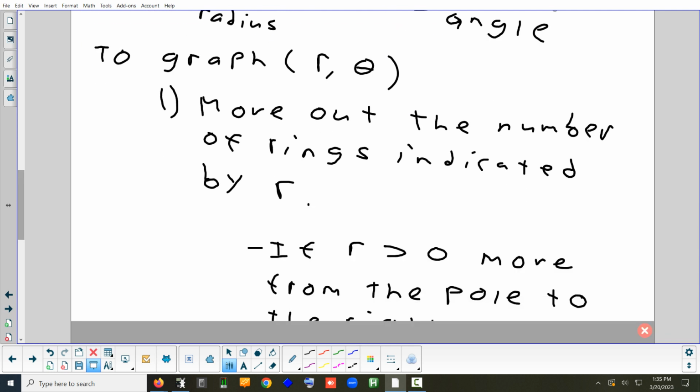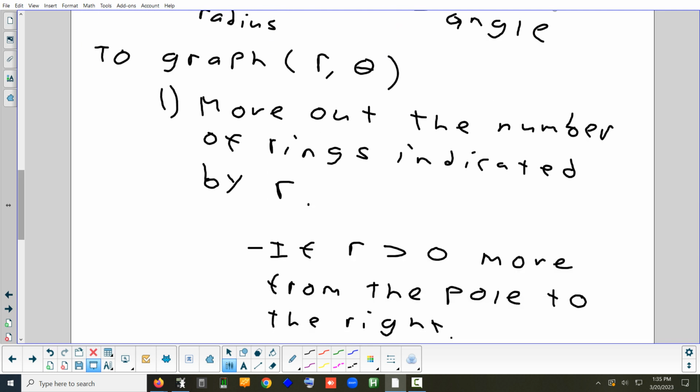If r is positive, you're going to start out from the pole, which is the origin, and you're going to go to the right the number of units that's given to you. So if it was like 4, and then they had an angle right here, first thing you would do is start at the origin and go 4 units to the right.